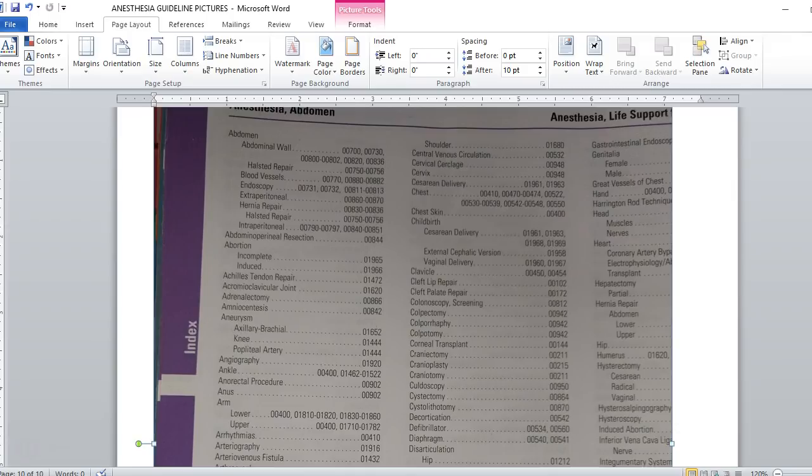For instance, if I'm looking for a procedure for anesthesia on the anus, I'm going to go to anesthesia, and then I'm going to come down here in alphabetical order until I see the word anus. Then I'm going to go to code 00902, and I'm going to double check that that is the procedure I am looking for. But be careful, because sometimes it gives you more than one code.